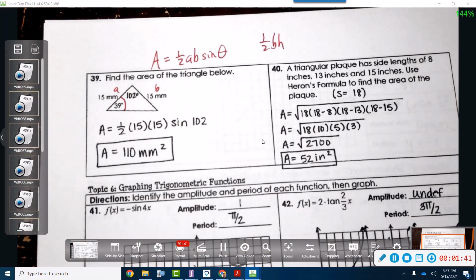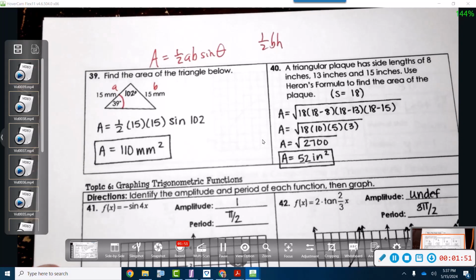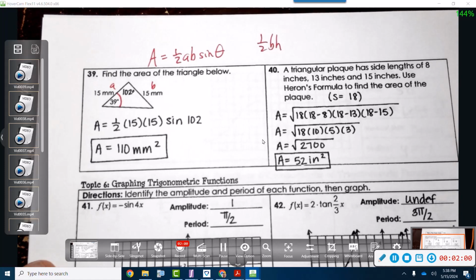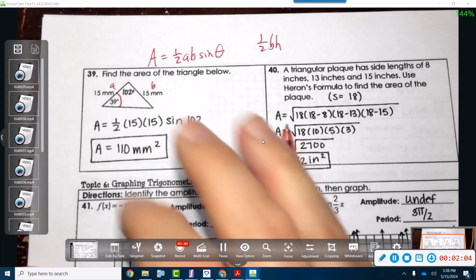Was it given? I feel like it has to be, because that would be a side angle. Otherwise, this would be a really long problem if you didn't know 102.